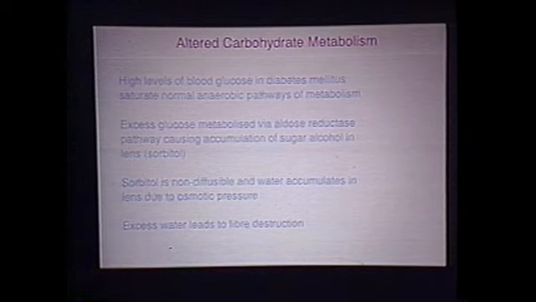This is the situation which occurs in diabetes, where the abnormally high levels of glucose in the lens saturate the normal anaerobic metabolism of carbohydrate and give rise to the alternative pathway producing the sugar alcohol via the aldose reductase pathway.